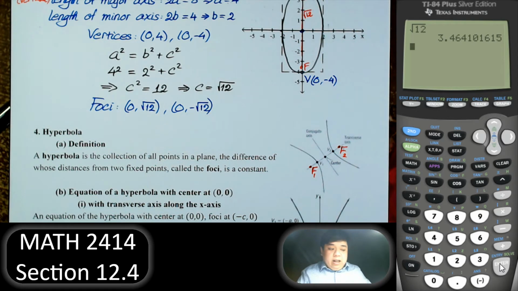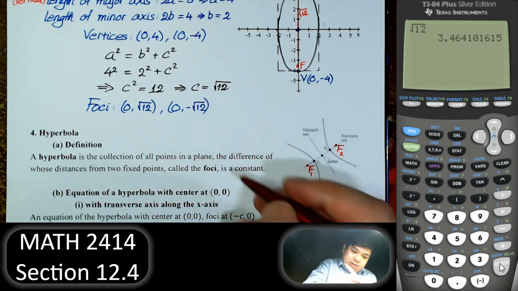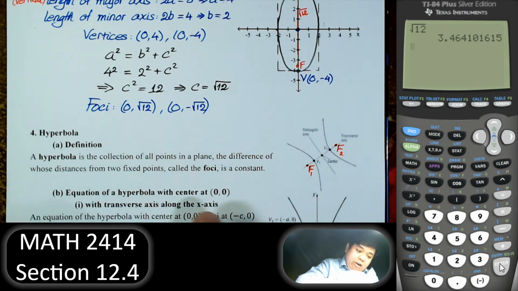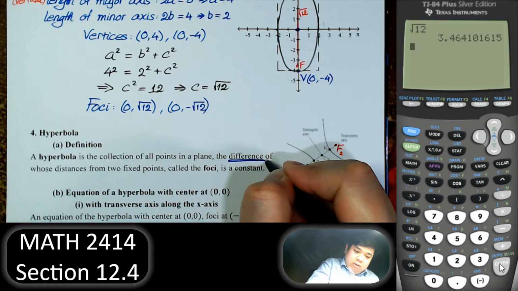And the definition here is the difference of the distance to the foci from a point is going to be constant.